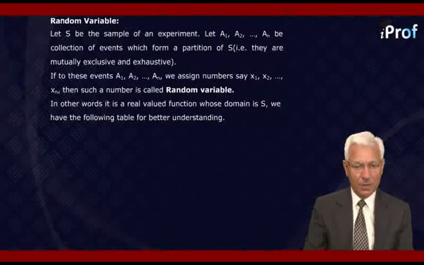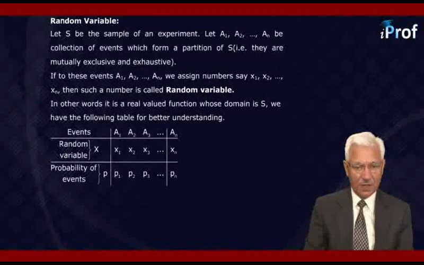The first row represents the set of events A1, A2, A3, ..., An, which are exhaustive as well as mutually exclusive. Then corresponding to A1, A2, A3, we give them a number, just as roll numbers are given to the students in a class.